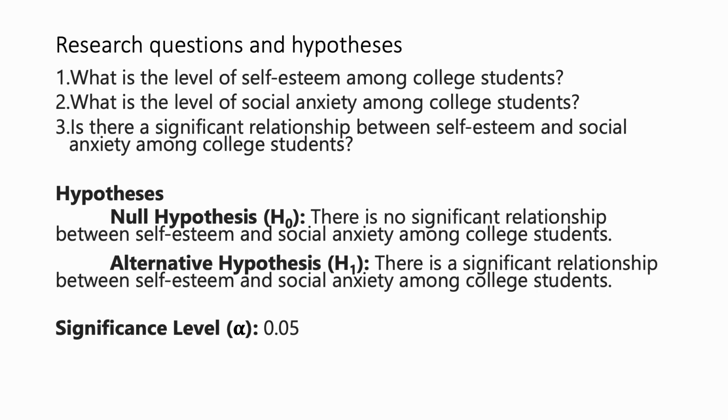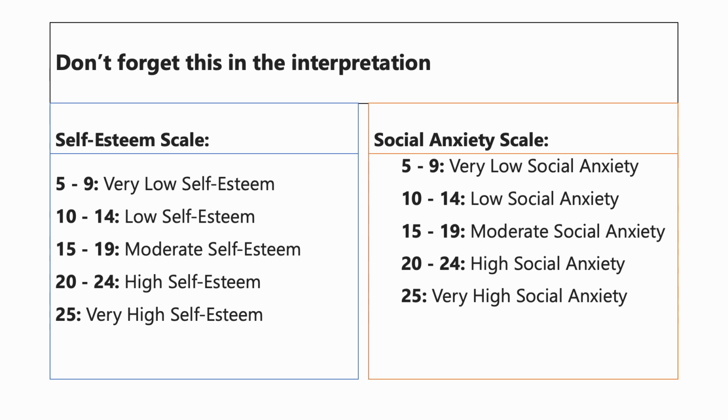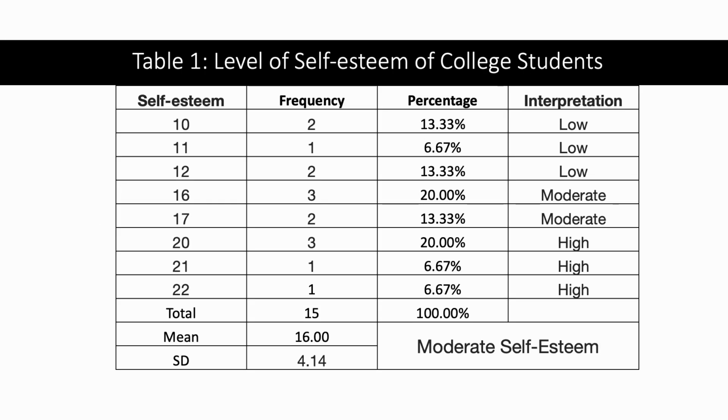Let's review our research questions and hypothesis. Don't forget this in the interpretation. It should appear in answering descriptive questions, specifically questions 1 and 2. The results from Jamovi are now transferred in the following suggested research tables, along with the discussions in the next slides.